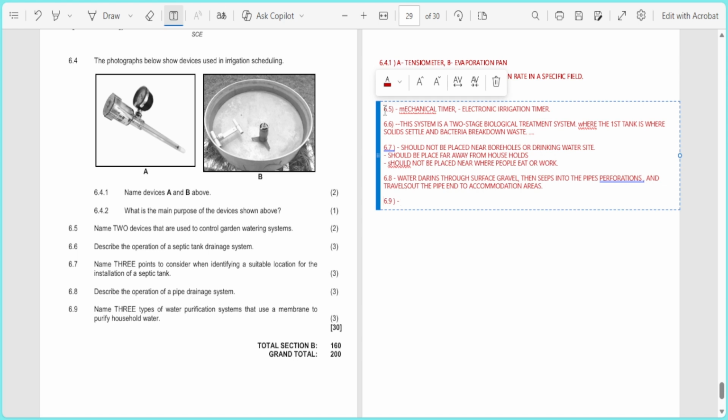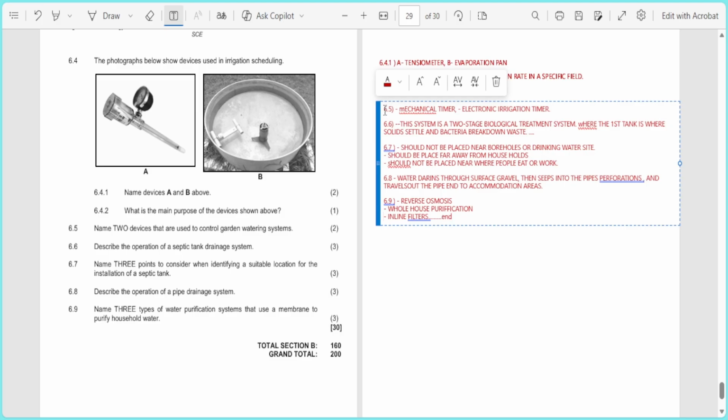The one I can think of now is reverse osmosis. Then we also have the whole house purification. For the last one we have the inline filters.